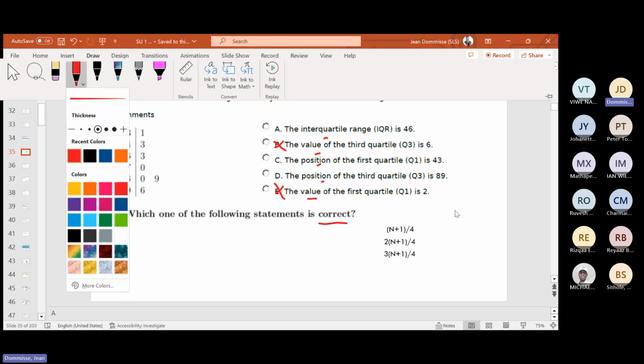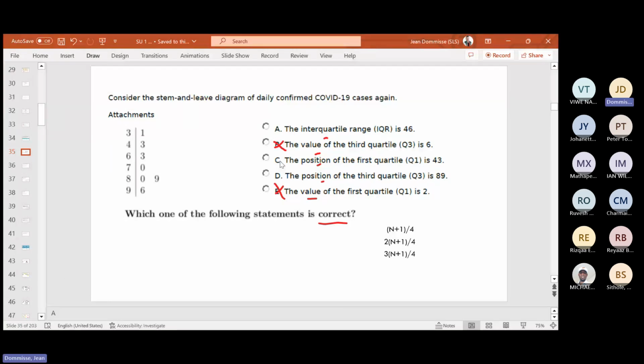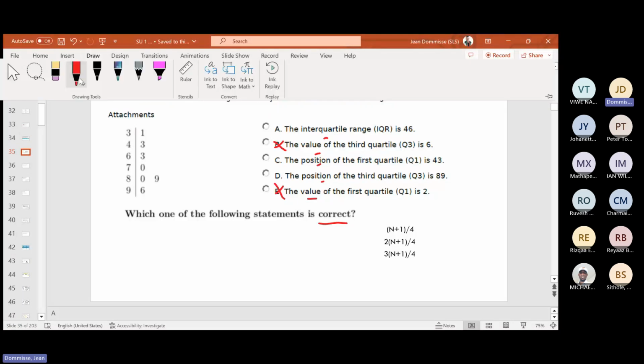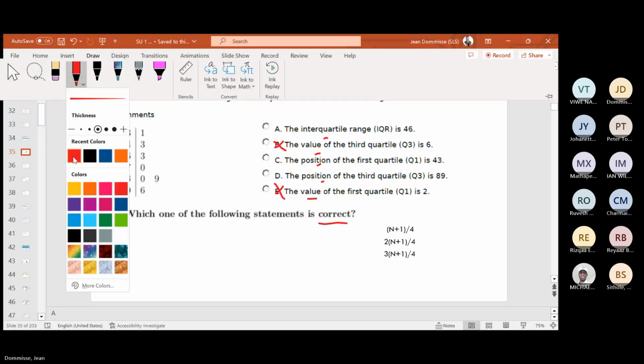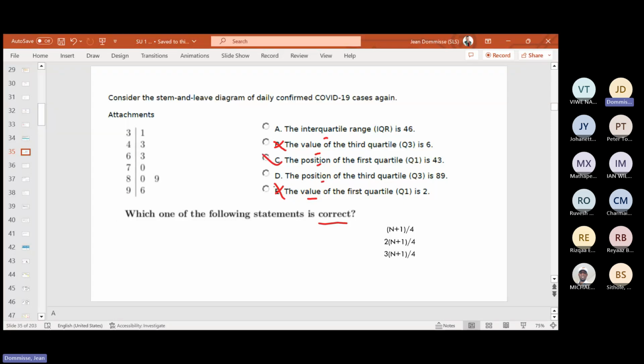So this again seems like one of those ones that probably there's a lot that is correct. Position of the third one, so again, if it is 7 plus 1, it's 8, so 24 divided by 4 gives you 6.